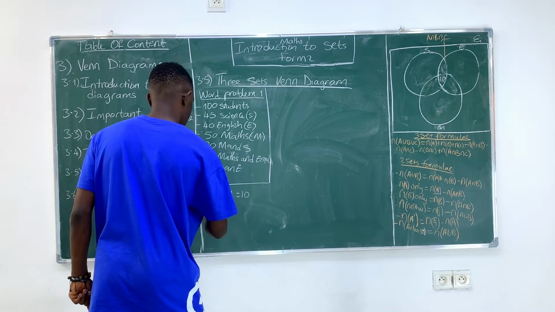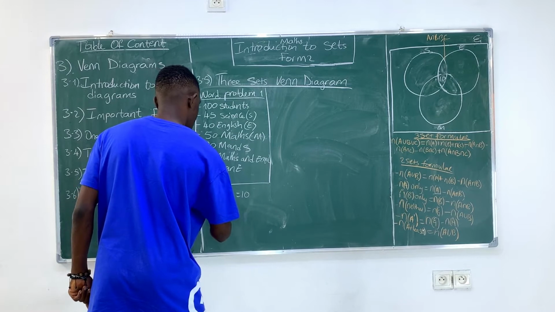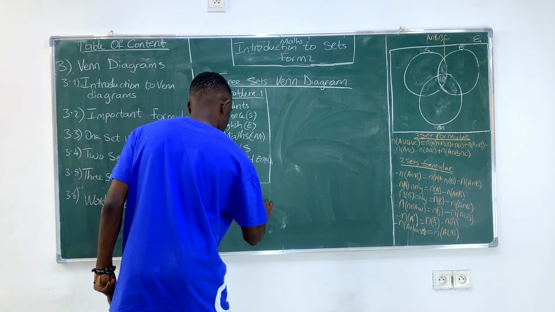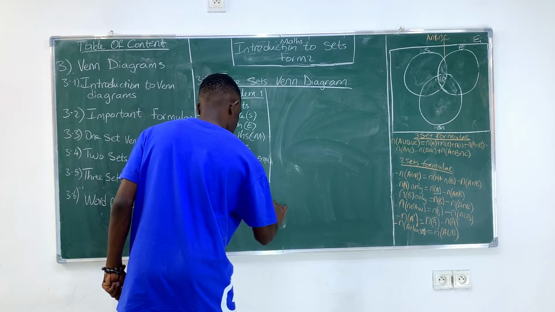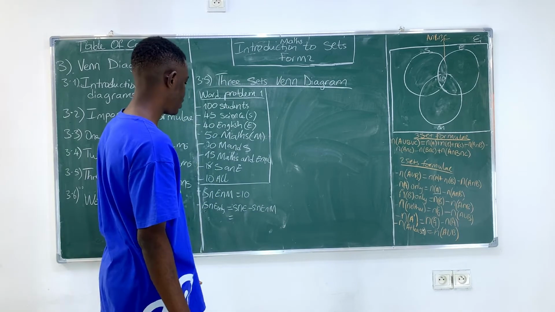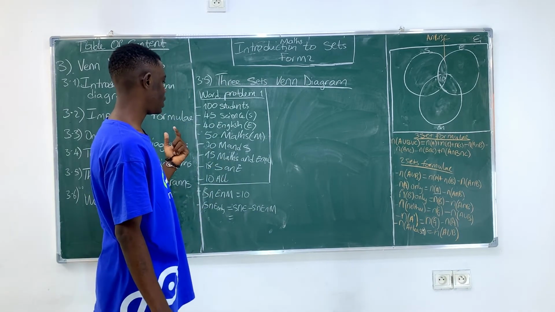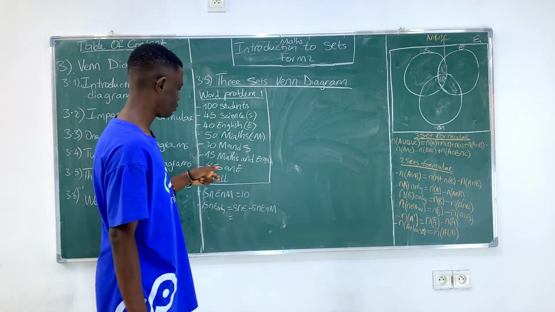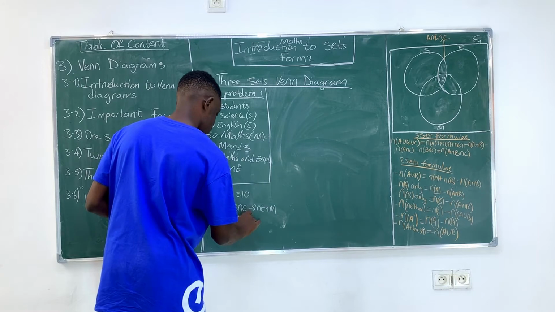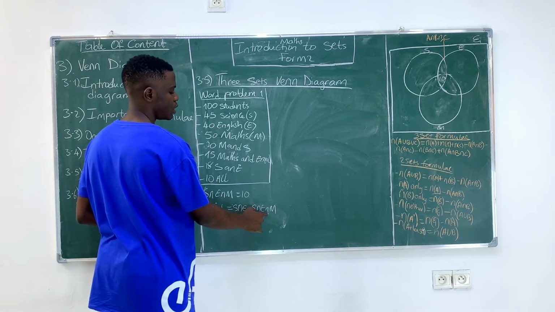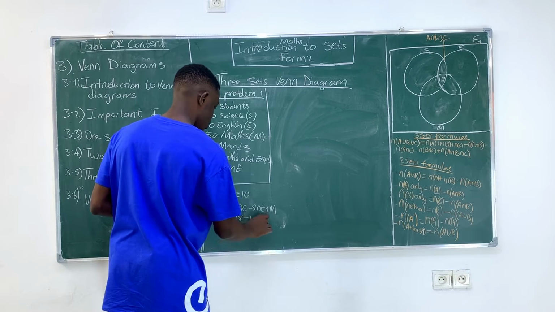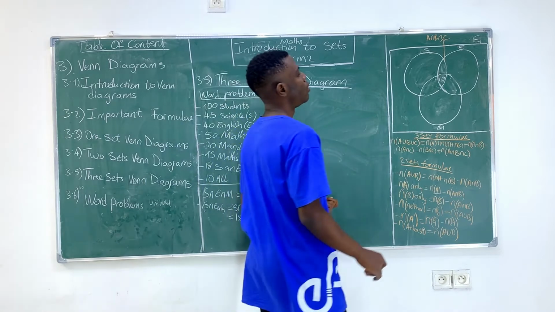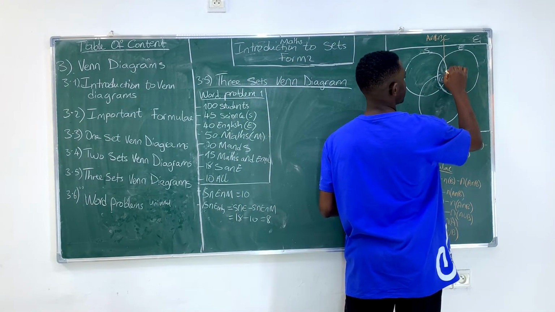Now I want to know science intersection English only. That will be equal to science intersection English minus science intersection English intersection maths. Science intersection English is 18. 18 minus 10 is going to give me 8. That's S intersection E only, and I write it here.